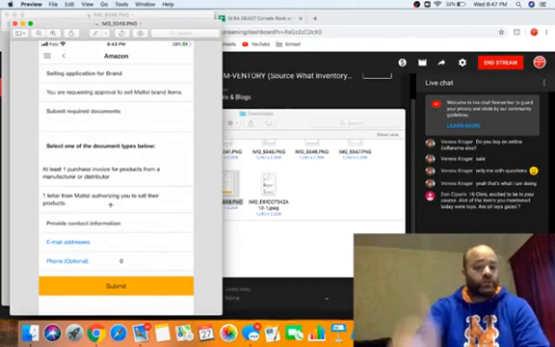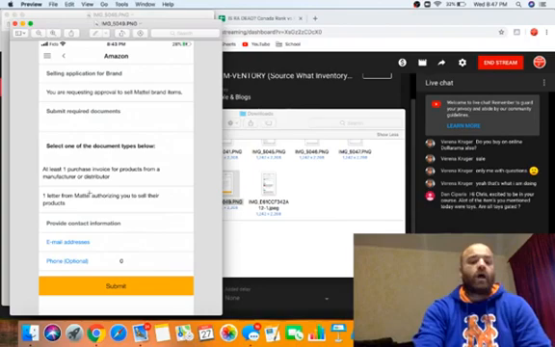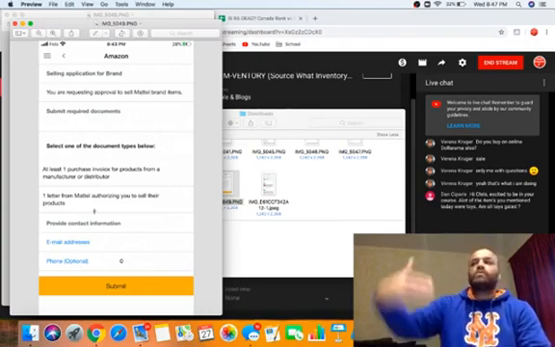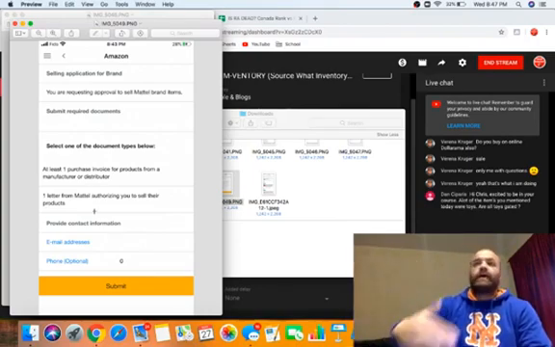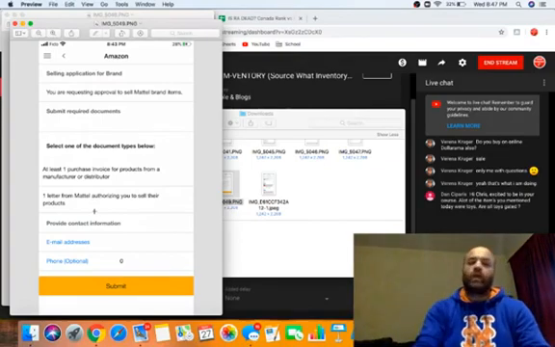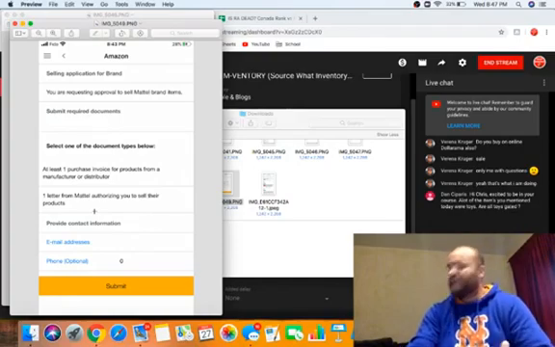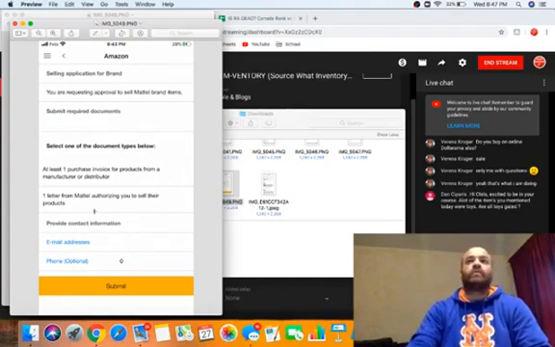The other option is you can get a letter from Mattel authorizing you to sell their products. So you can reach out to these brands and just ask them for a letter of approval. What a lot of people do is they don't reach out to the big brands, they reach out to the smaller independent brands, not as well known.